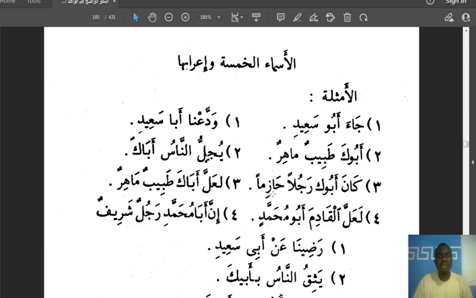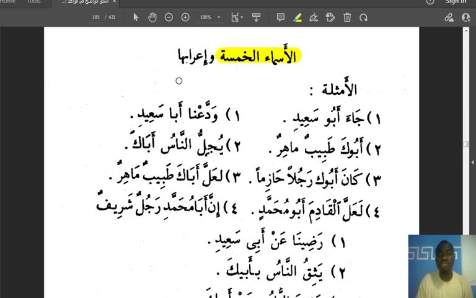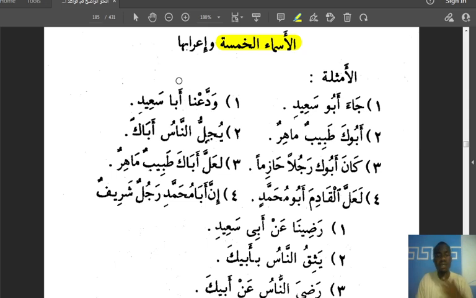Al-Asma'ul Khamsa, the 5 names. That is basically what it means. Wa i'rabuha, and their grammatical analysis. So inshallah today we are going to see another way of grammatical analysis. It looks just like the dual, and it's like a measure between the dual and the plural i'rab. You pay attention and then we go through the lesson inshallah.